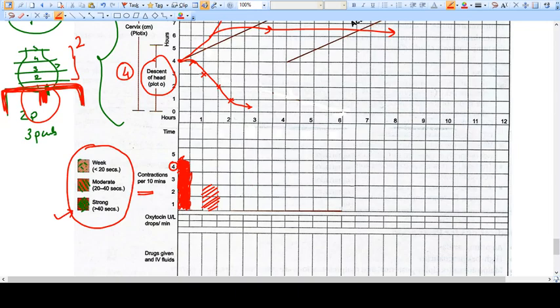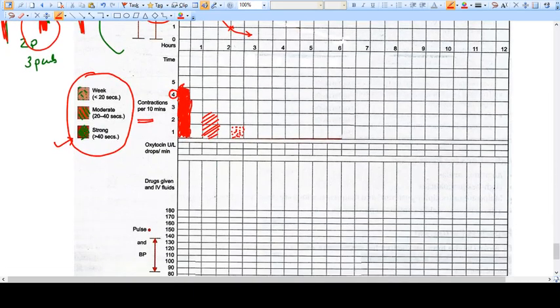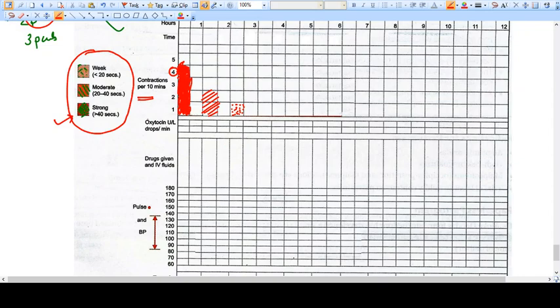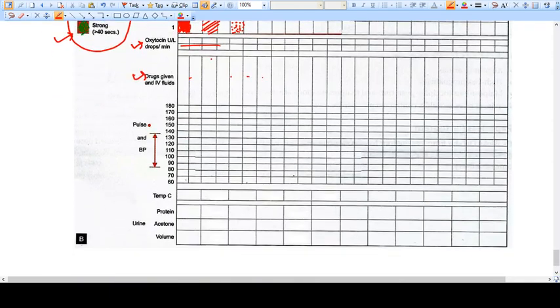If that patient has only 1 contraction of weak quality, less than 20 seconds, we just put dots and fill 1 cell only. This is how we put uterine contraction. There is also space for, if we have started some oxytocin or other drugs like that, we can quantify and mention in this timeline also.